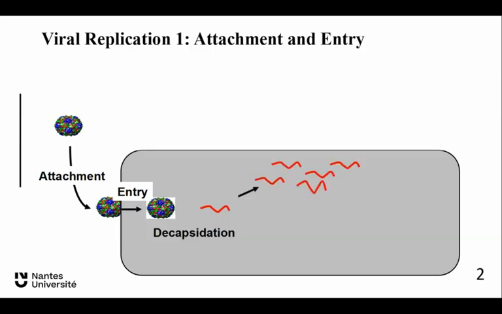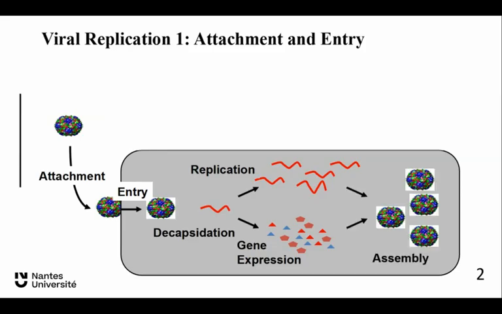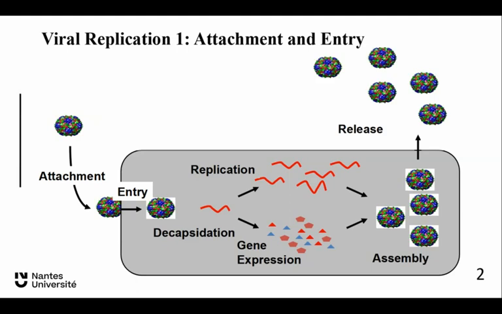Then after decapsidation, 2 things have got to happen. The genome has got to be replicated, and viral genes have got to be expressed to produce all the viral proteins. And then once the infected cell has produced a lot of copies of the virus genome and a lot of the structural proteins, new particles can be assembled and they've got to be released.